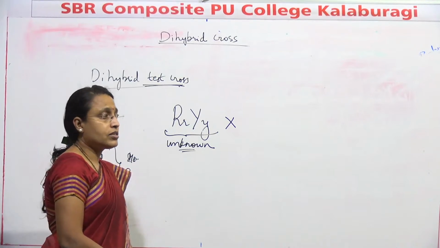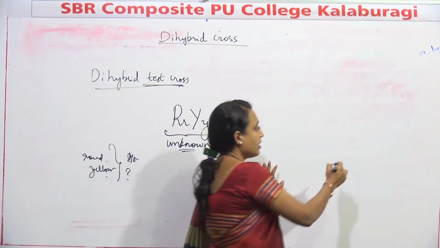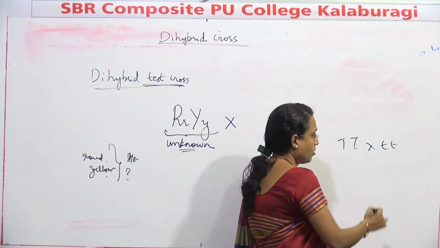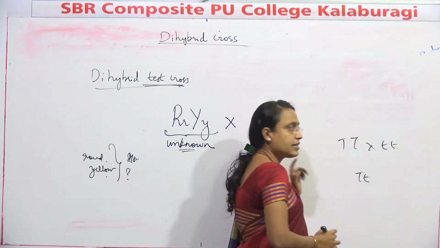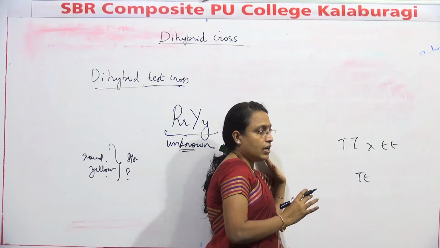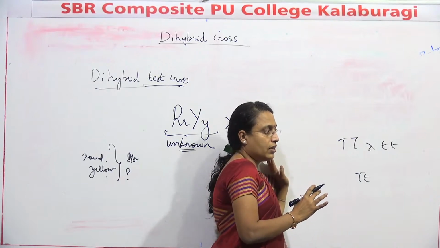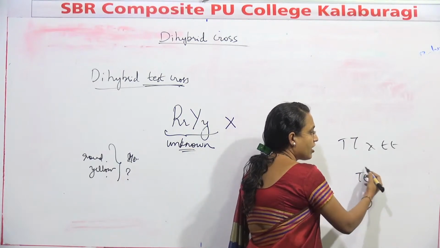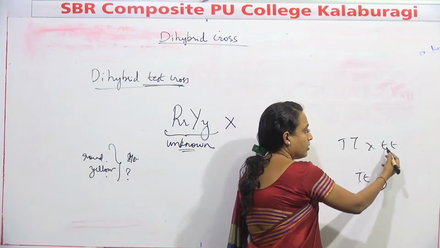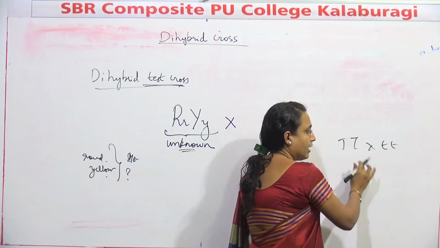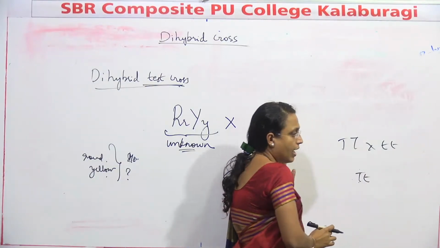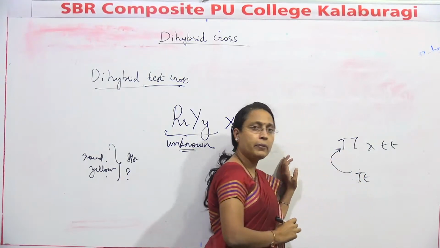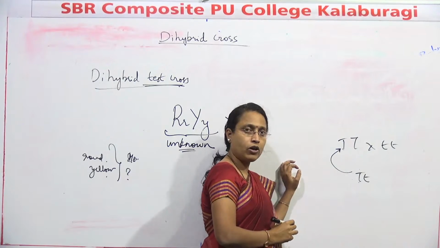Now, what is a test cross? Right now I will just take the monohybrid test cross. A back cross means that the F1 generation is crossed with either of the parents. If the F1 generation is crossed with the dominant parent, it is called a dominant back cross.